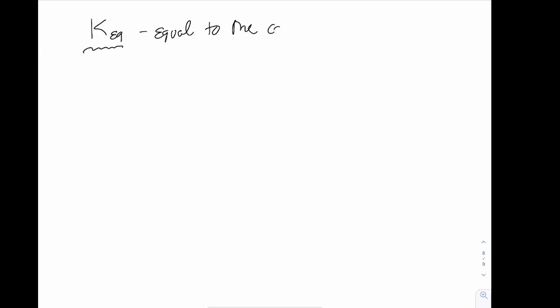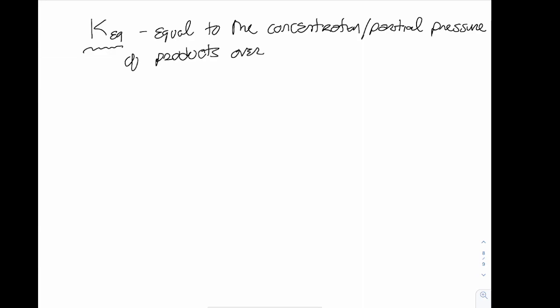So we said this was equal to the concentration or partial pressure of products over reactants, each raised to a power equal to its coefficient.